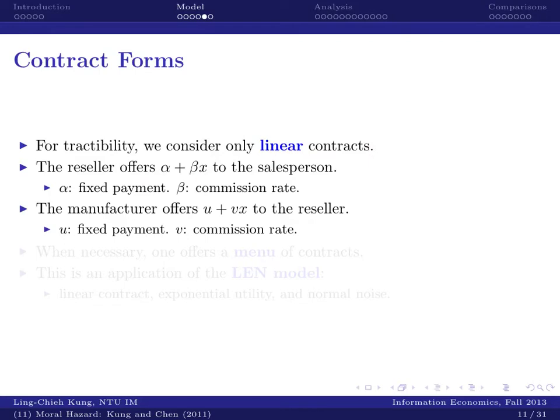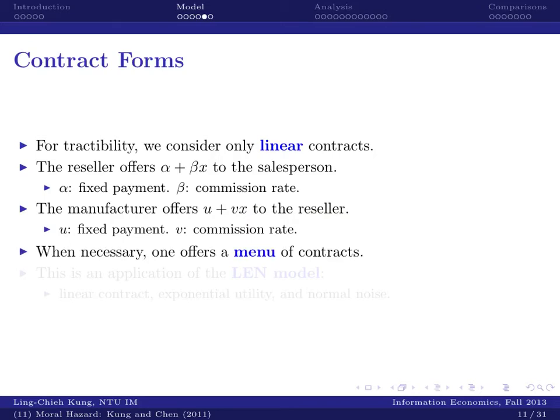X is the sales outcome or the total sales revenue, alpha is the fixed payment to the salesperson, and beta is the commission rate for the salesperson. So part of the revenue will be shared with the salesperson. Similarly, the manufacturer is going to offer U plus Vx to the reseller. U is the fixed payment and V is the commission rate.